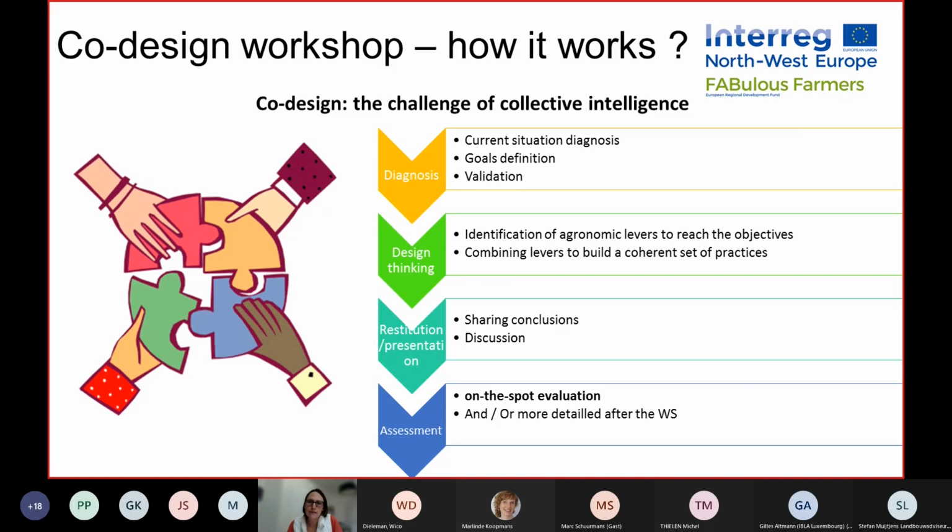The last step is the assessment, which could be an on-the-spot evaluation, very simple and quick, or a more detailed one after the workshop, to assess if the cropping system that has been built is coherent with the goals which have been defined at the beginning of the workshop.